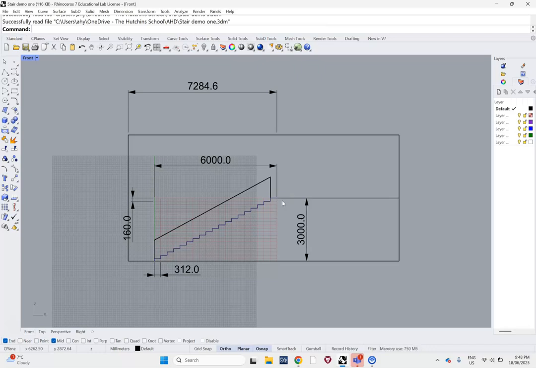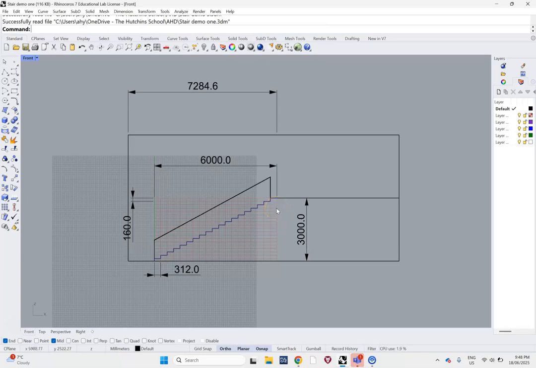Then I might have done another calculation: if I want exactly 19 steps, I could divide that back into 3,000 and it might have given me a more accurate measurement again. But then I used this grid system here, as I'd be doing this in construction. So I would have measured in construction at 160 millimeters.